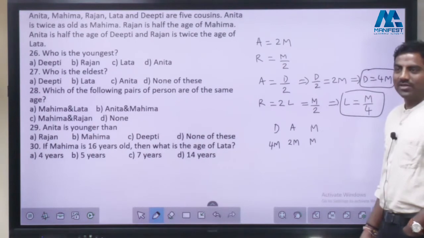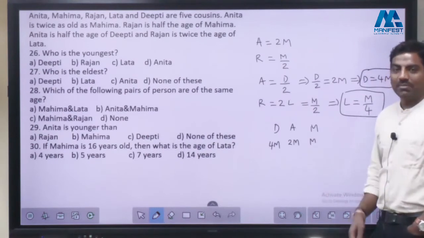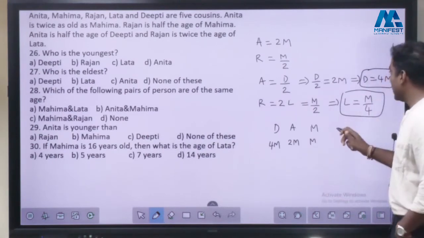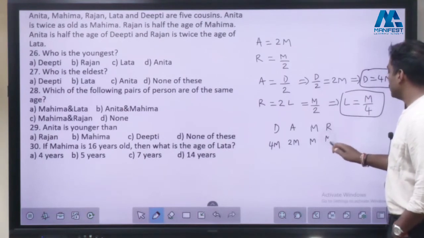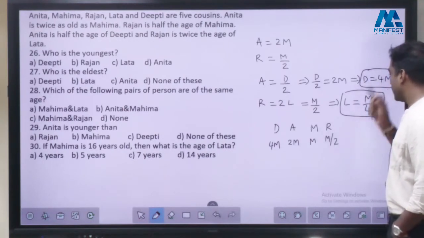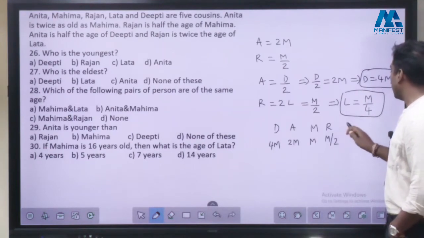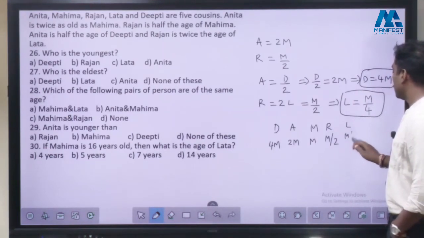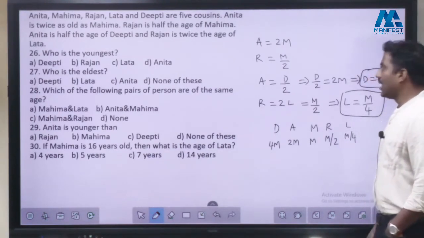That is a kind of sacrifice, no? You are expressing everything in terms of m and you are leaving m. Then R is equal to m by 2. Then L is equal to m by 4. So this is in decreasing order of their ages. D, A, M, R, L.